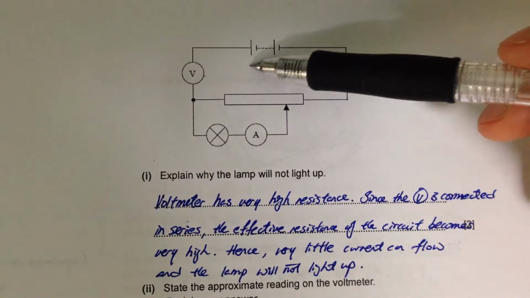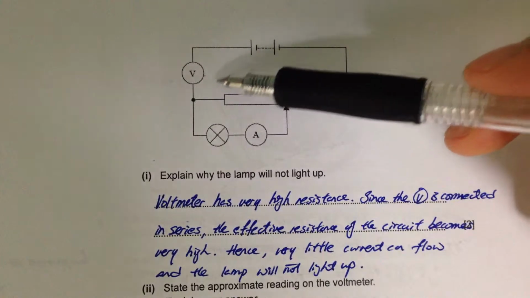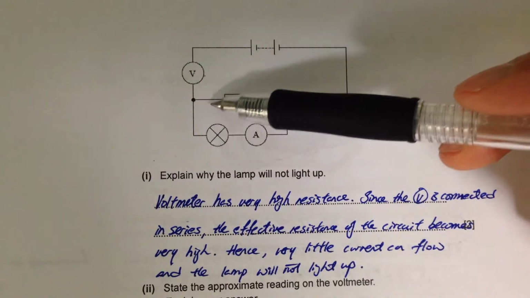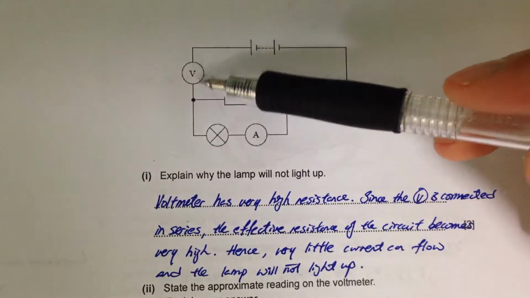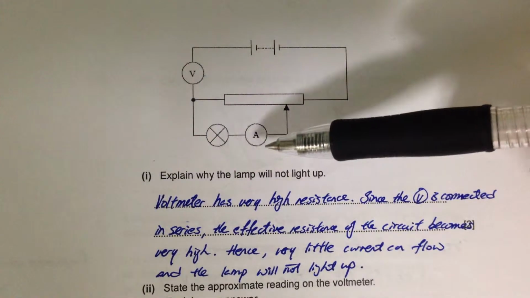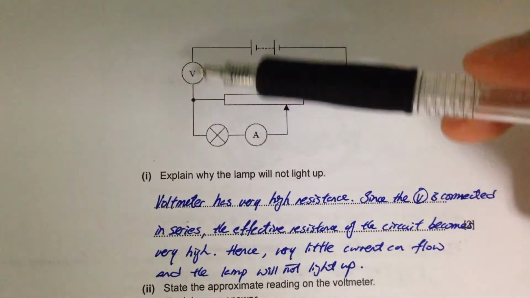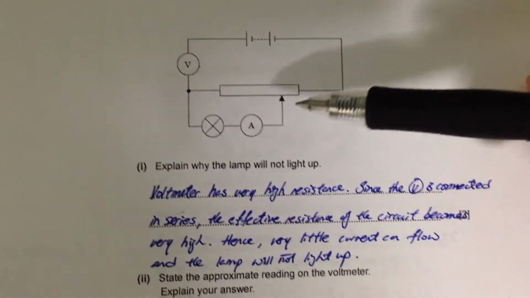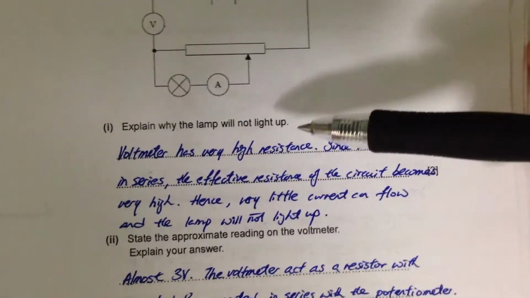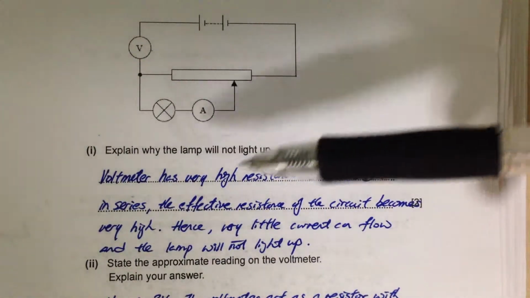So you want the voltmeter to have very high resistance so that it draws as little current as possible from the circuit that you are measuring. That's why they purposely make the voltmeter with very high resistance, but the ammeter with very low resistance. This is extra information for this question, but you should know this for the syllabus. Okay, you are supposed to know.